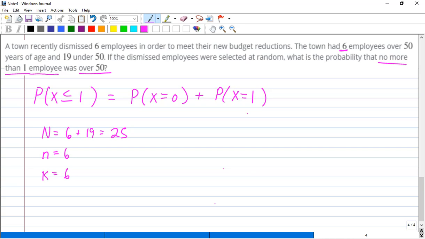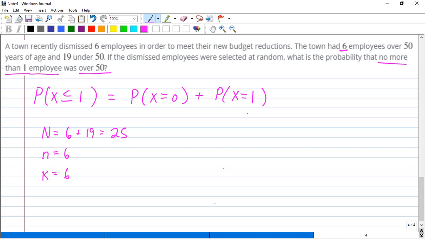If this problem would have said, what is the probability that no more than one employee was over the age of 19, there are 6 employees over 50 years.